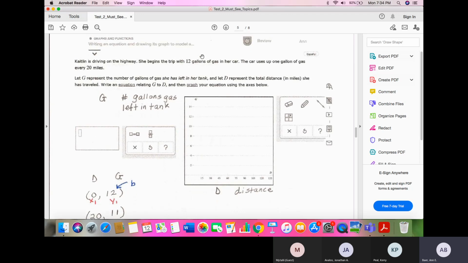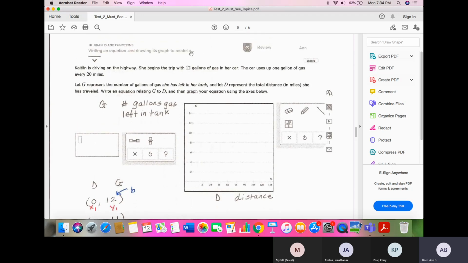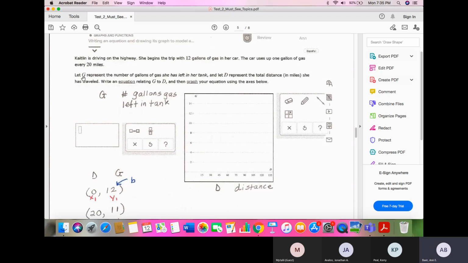And I think we can all relate to having to buy gas. So Caitlin is driving on the highway. She begins the trip with 12 gallons of gas in her car. The car uses up 1 gallon of gas every 20 miles. So let G represent the number of gallons of gas she has left in her tank.